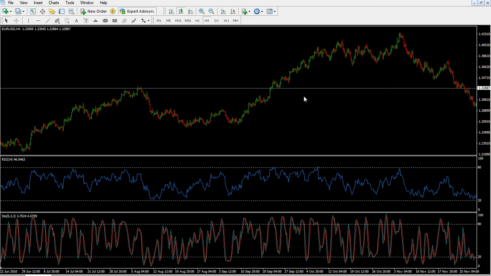It's not an accident. We are looking at the 4-hour chart to see the RSI and stochastic movement over a medium period of time. We are not looking at a 5 or 15-minute chart because we would have too many overbought or oversold points.